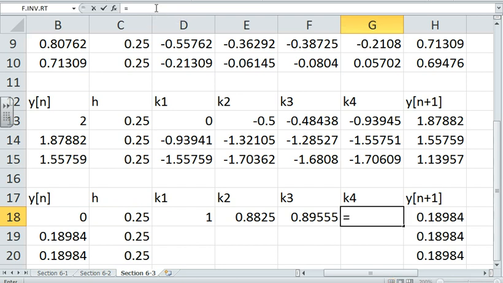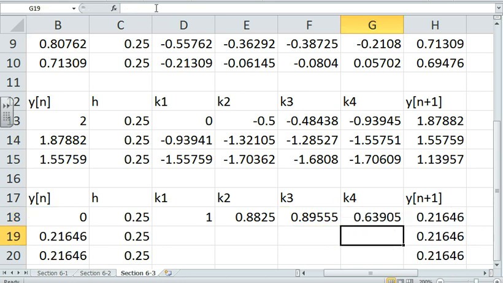K4 equals EXP of minus parentheses B18 plus 0.5 times F18, close parentheses equals.